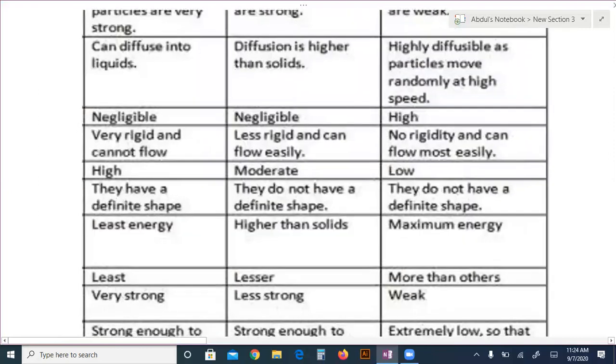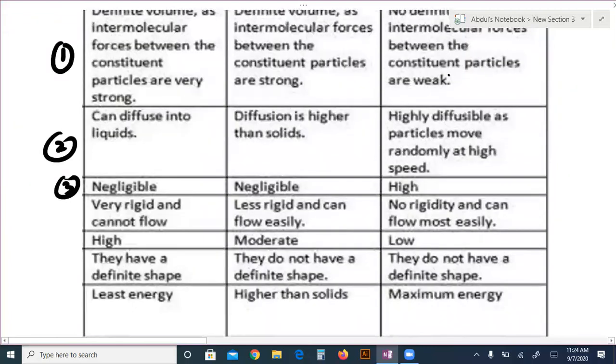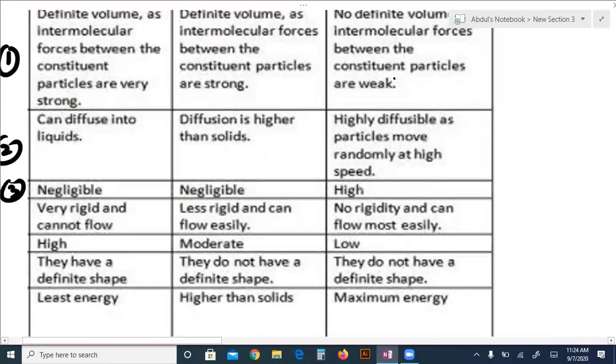And the next, number 3: solids are very rigid and cannot flow. Liquids are less rigid and can flow. Gases are not rigid and can flow easily.